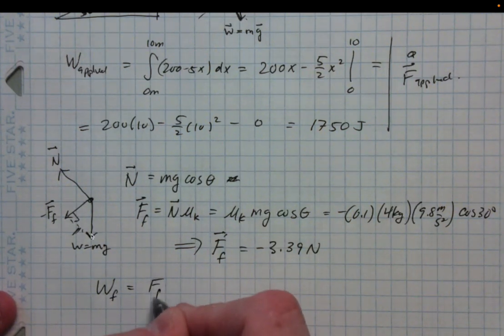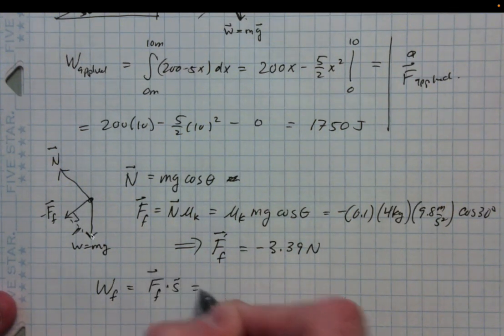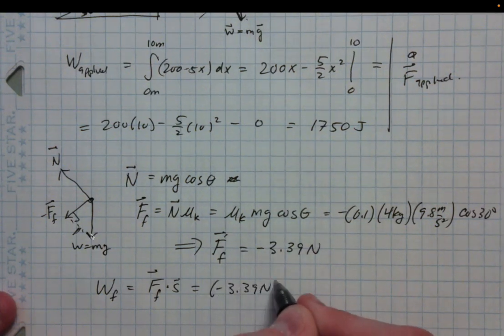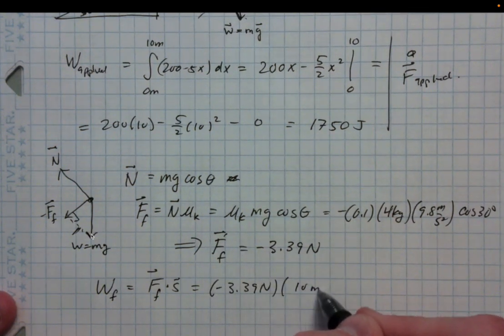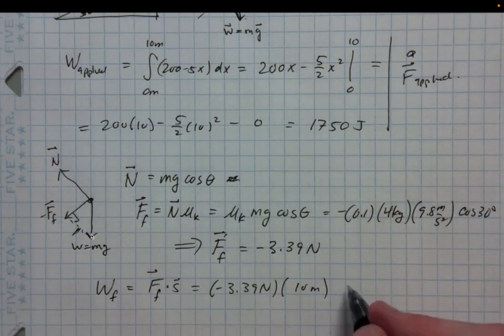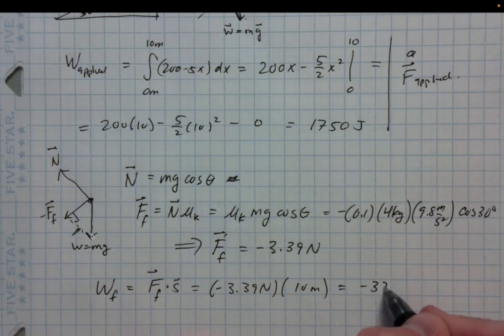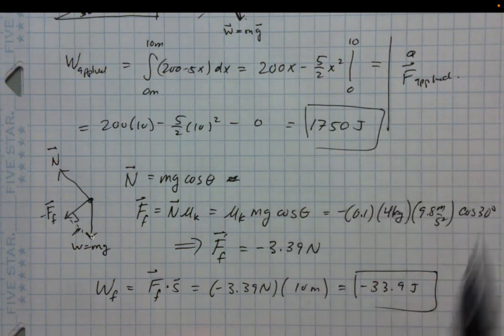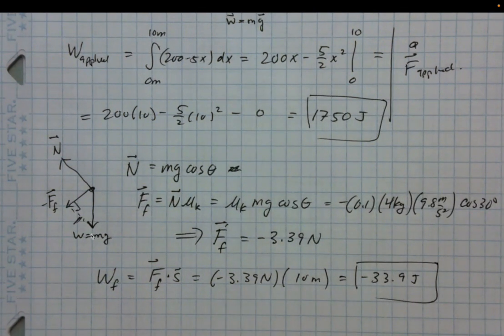It's equal to this friction force times the displacement, negative 3.39 newtons over 10 meters, so negative 33.9 joules. So we've got 1,750 joules of work being applied in the positive direction, and that's being offset a little bit by the friction.